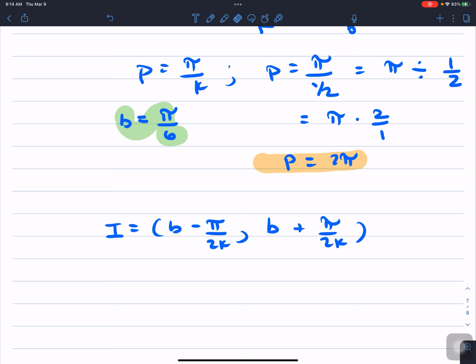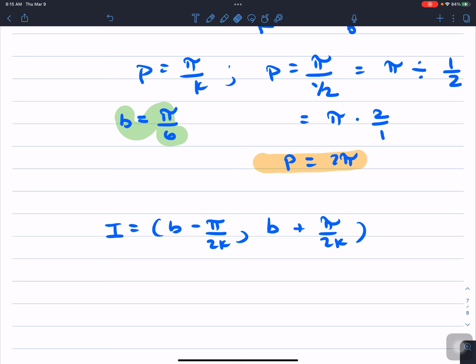We are confused. Why is it different? Because the curves are shifted differently. If you go back to the cotangent curve and the tangent curve, tangent goes through the origin. And then the period, again, is pi over k. So to the right, half from 0 to pi over k is pi over 2k.